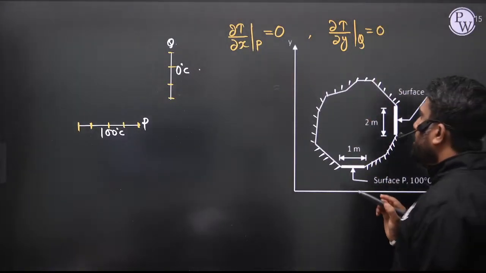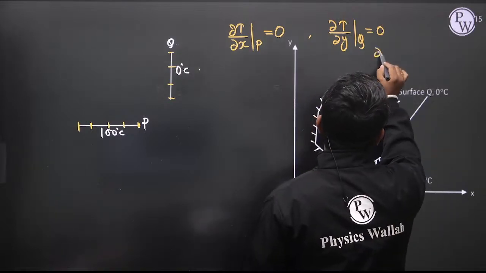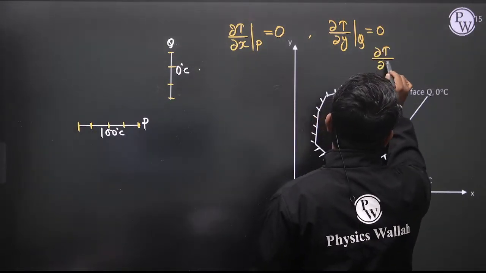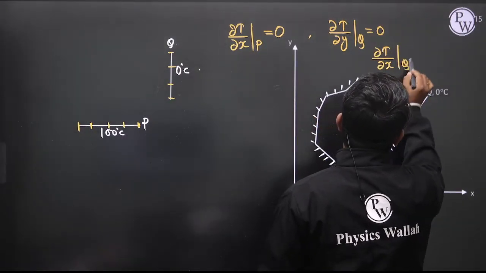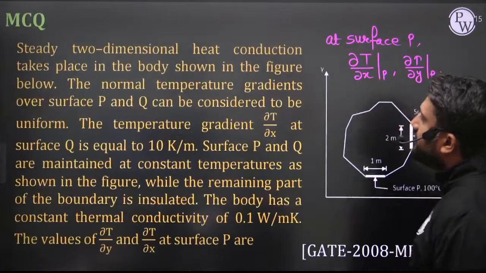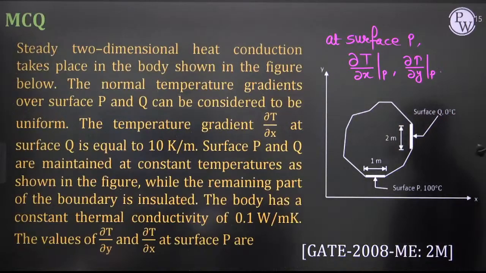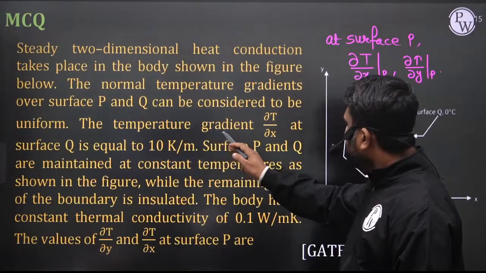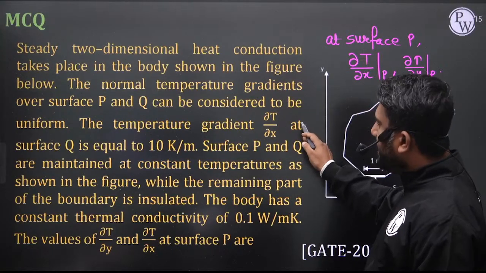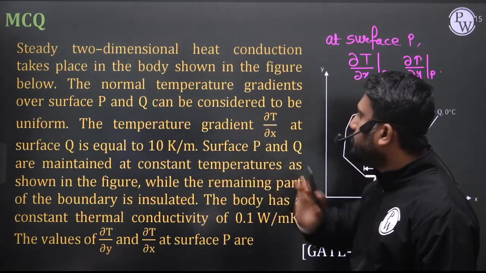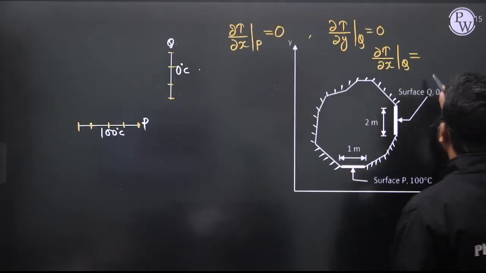Correct. Now del T by del X at surface Q is given. If you see this question, the temperature gradient del T by del X at surface Q is equal to 10 Kelvin per meter. This is given.